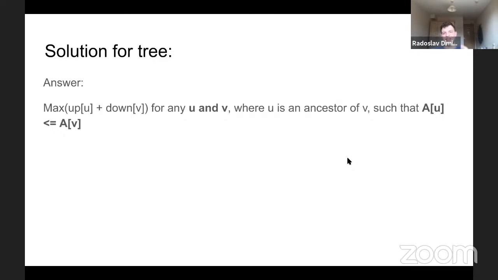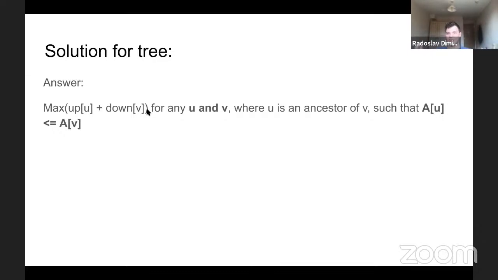Let's say that U is the ancestor and V is the vertex below. If we iterate through all possible U and V such that AU is less than or equal to AV, and compute the up plus down value and find the maximum, we are going to solve the problem, because those are all possible ways to choose the subarray that we were talking about.